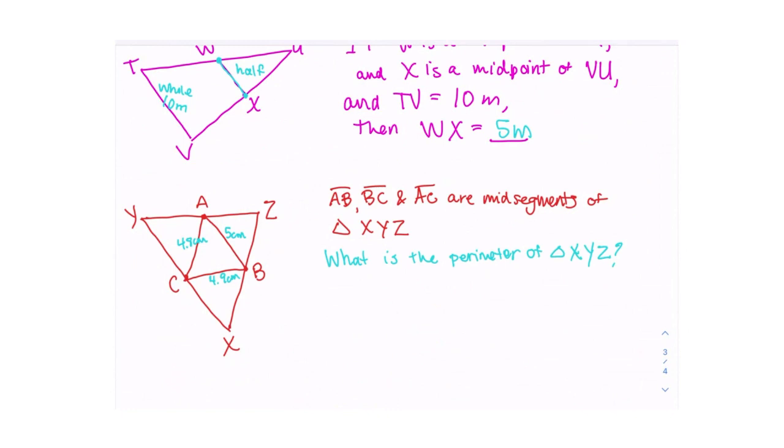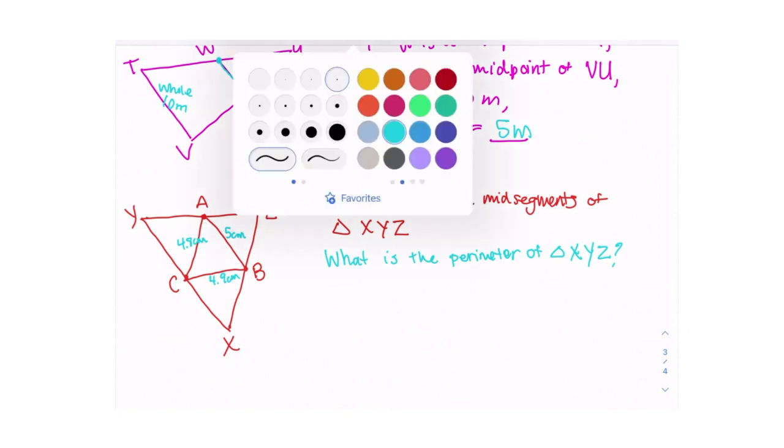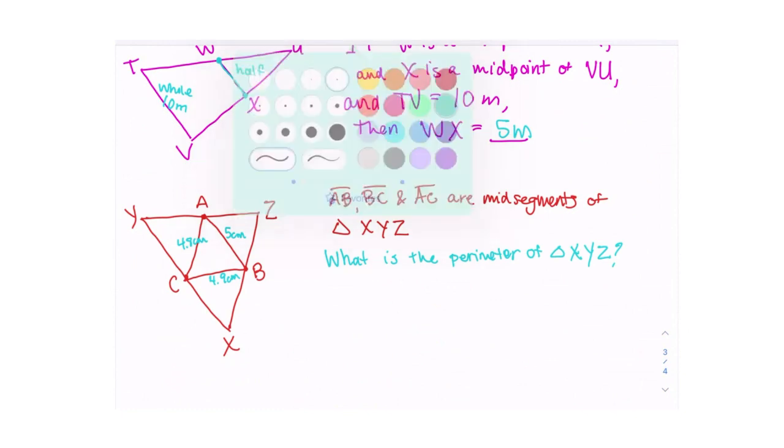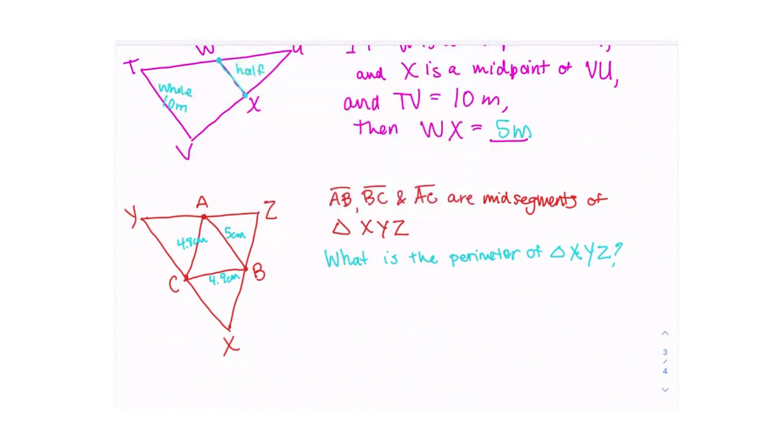Okay, so since it's basically 4 triangles that are all the same size, correct? Yeah, like ABC is the same as ABZ. This is definitely one way that you can do it.